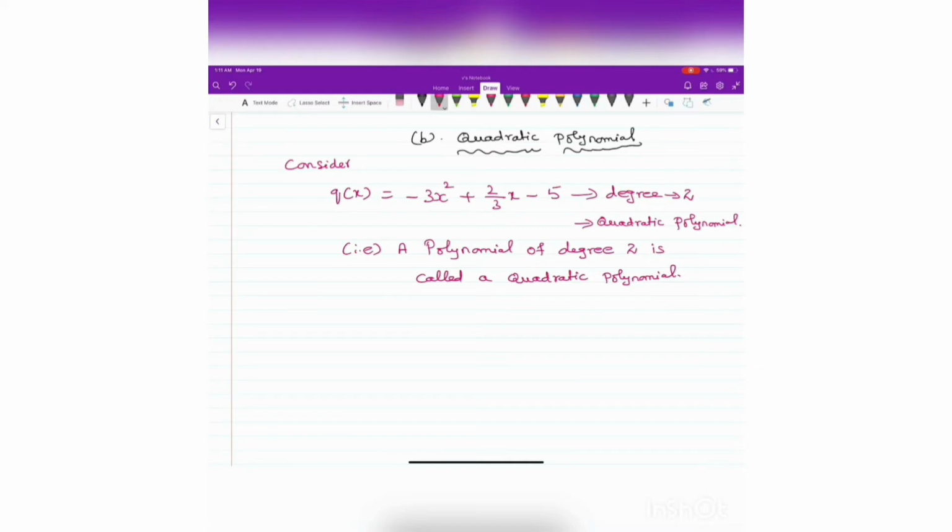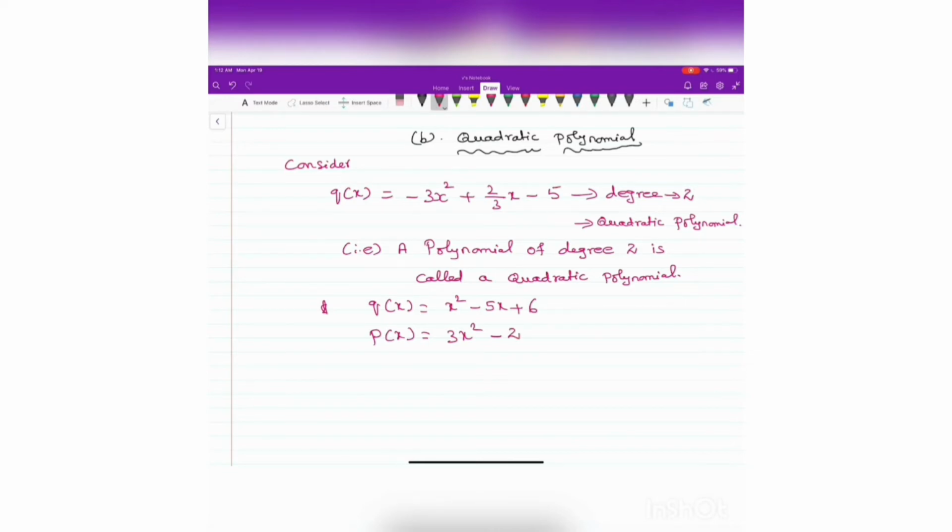Okay, now consider these examples. The first one, Q of x is equal to x square minus 5x plus 6. P of x is equal to 3x square minus 2.